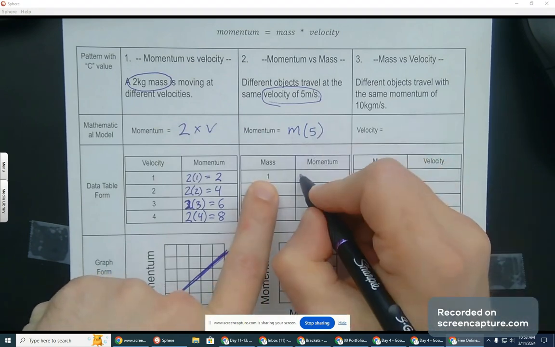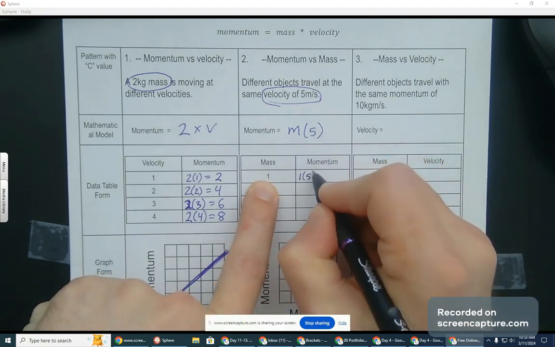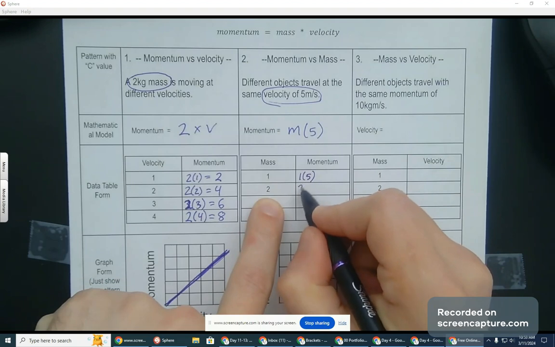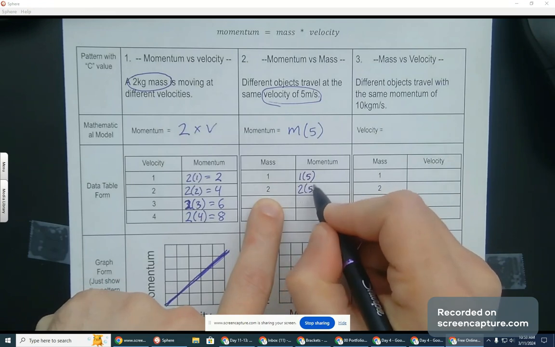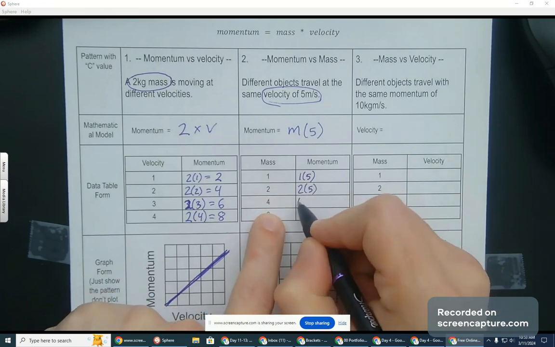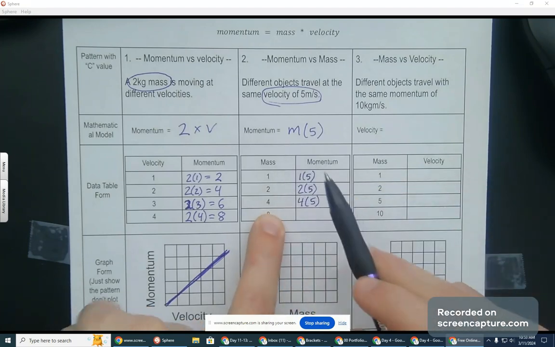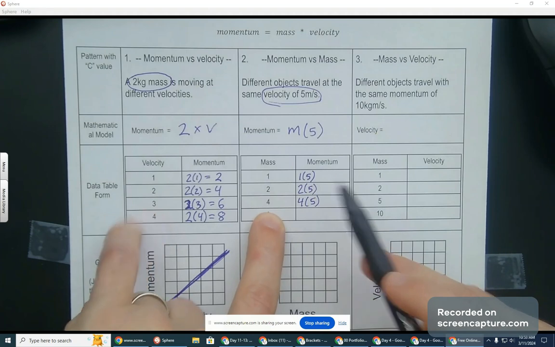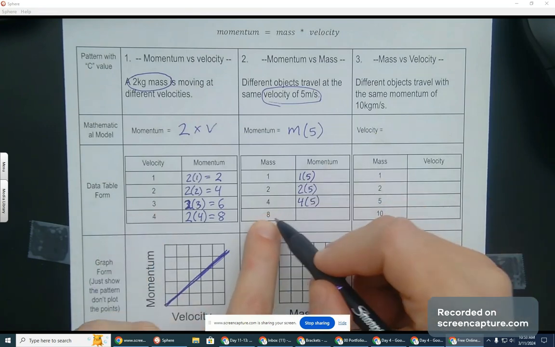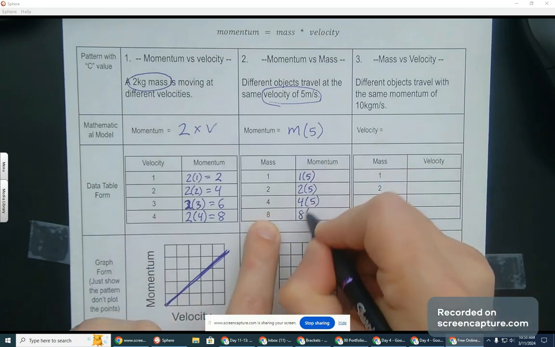So this time we have 1 times 5. And the next one we have 2 times 5. And then 4 times 5. You've got to pay attention to these because sometimes the inputs are not the same as they were on a different table. Oh, 8 this time. 8 times 5.